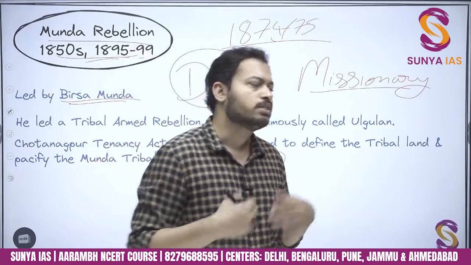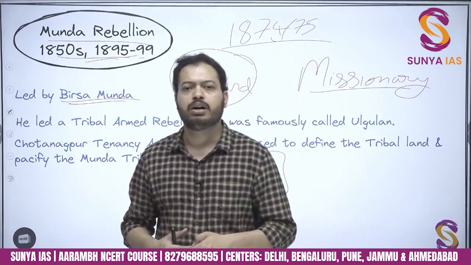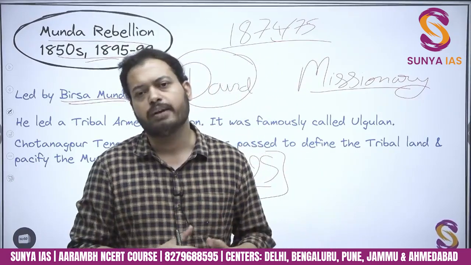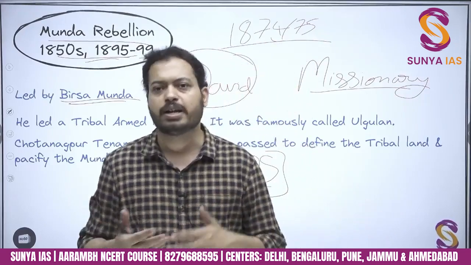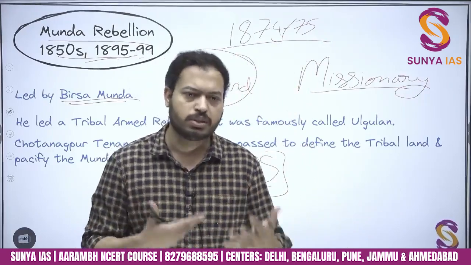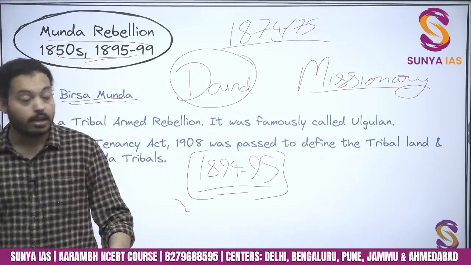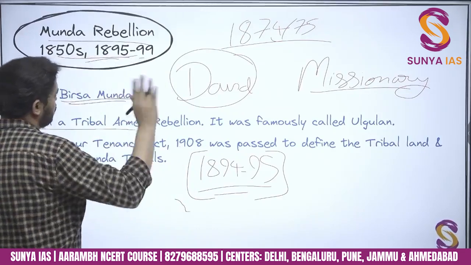His followers always believed that Birsa had some magical, healing powers through which the bullets of the East India Company could not affect him. These things happen, and we are not going to go into details whether it was true or not; I don't want to hurt people's sentiments, but you have to understand that this much is what happened.